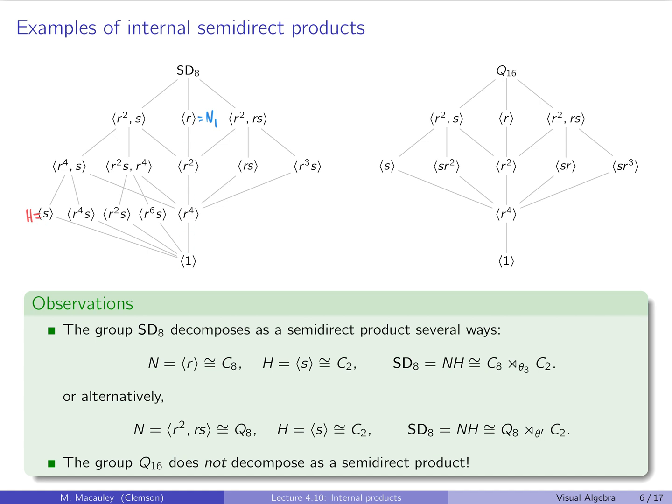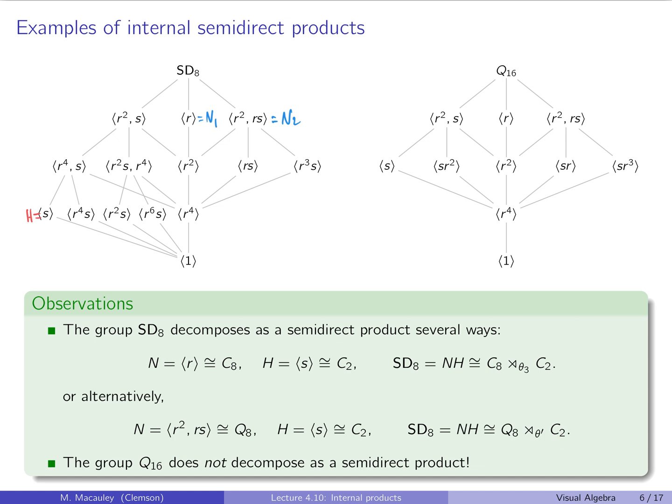Or we can take a normal subgroup N2, which is this one here. And see this little kite-shaped lattice? You should recognize that as the quaternion group. So in other words, SD₈ is a semidirect product of C8 with C2, but also of Q8 with C2.